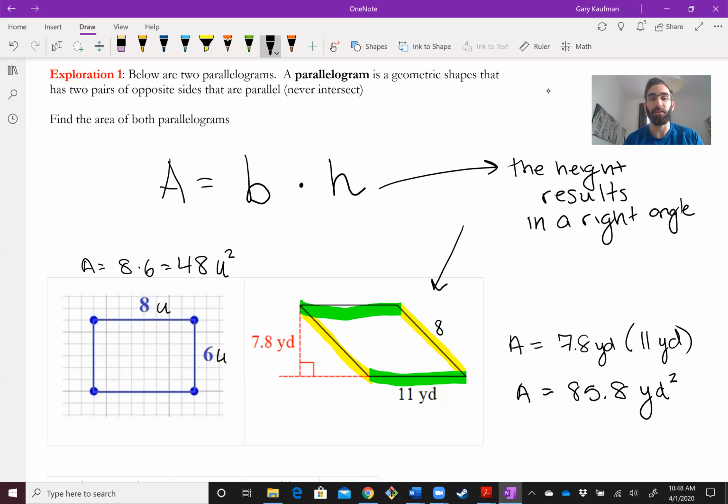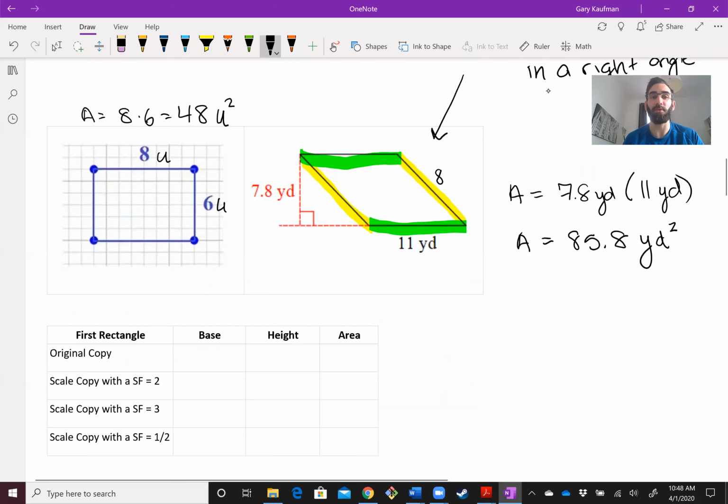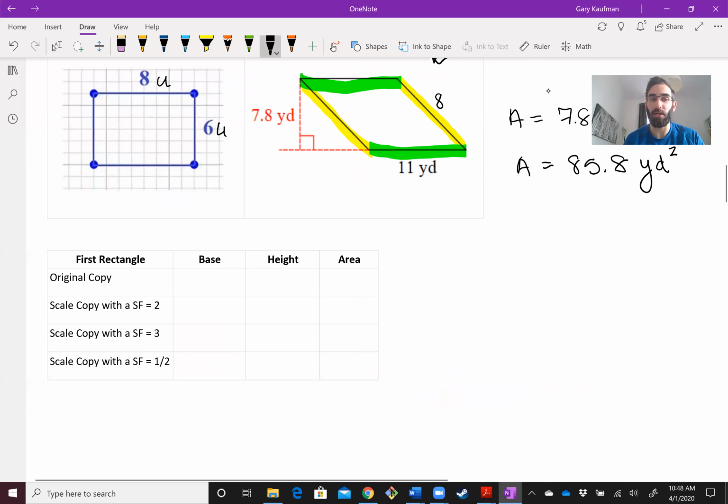So here is now how we're going to do an exploration. Now, we are going to use our original copy for the first rectangle. So that's the blue one. Our base is 8 units. Our height is 6 units. And we realize that our area is 48 units squared.